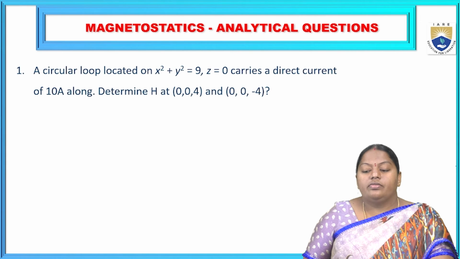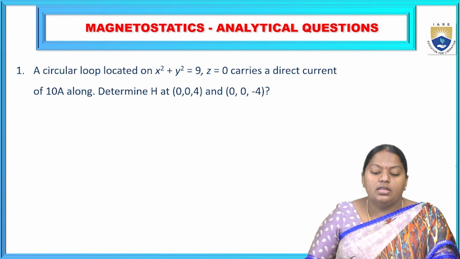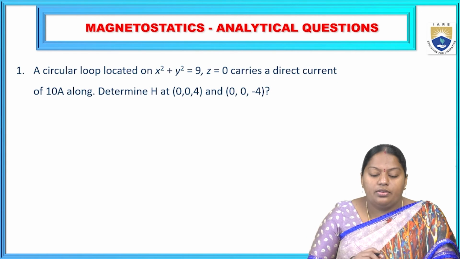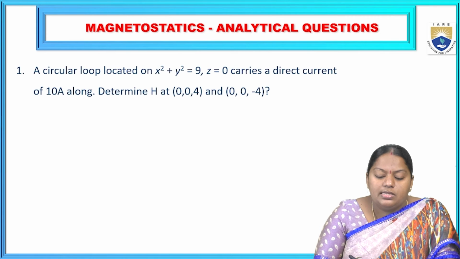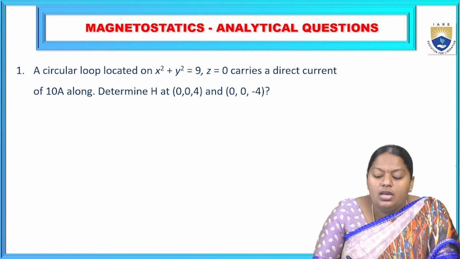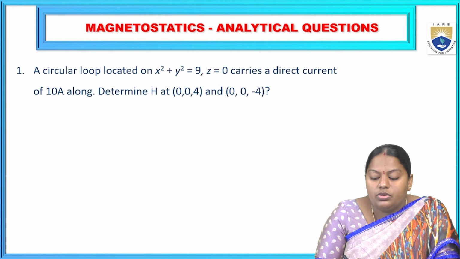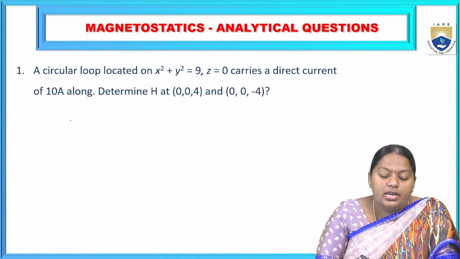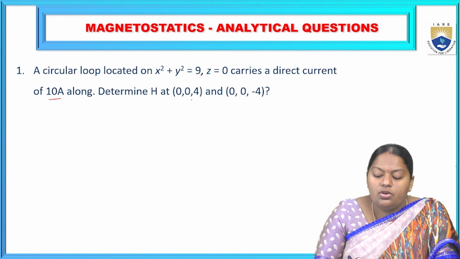Next, the analytical questions which are to be covered in the case of magnetostatic fields. The first problem: a circular loop located on x square plus y square equal to 9, z equal to 0, carries a direct current of 10 amperes along a phi, and determine H at (0, 0, 4) and (0, 0, minus 4).